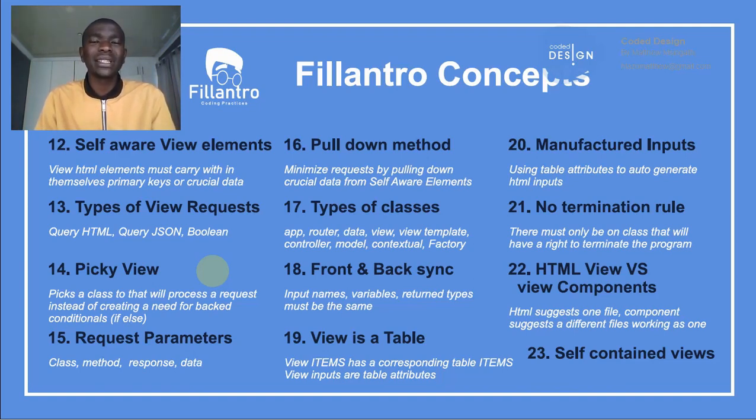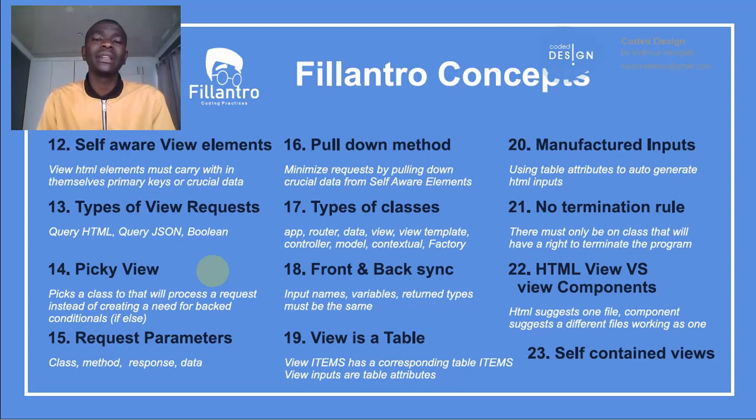a response, a type of response. Is it going to be an HTML, a Boolean, or a JSON? And then the data, meaning the data that I'm interested in maybe saving into the database, or that I am going to need inside the method that I'm calling. So this is just a summary of what I've noticed in any request that I do.